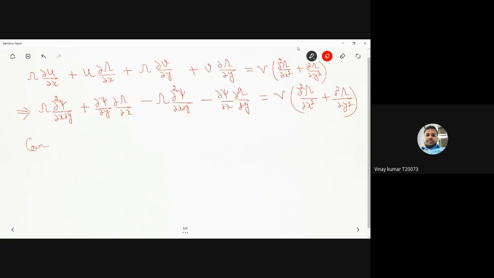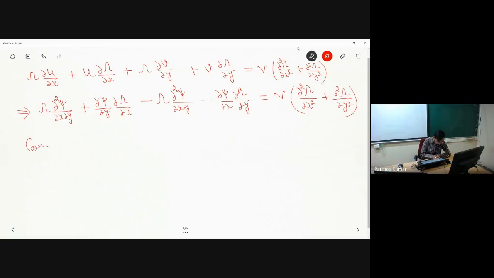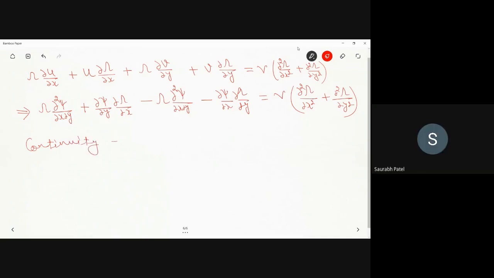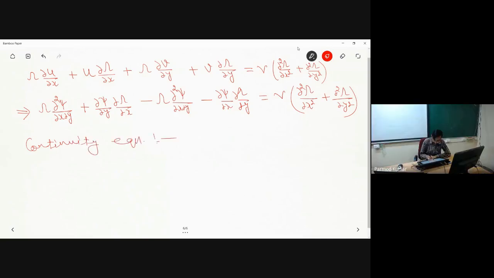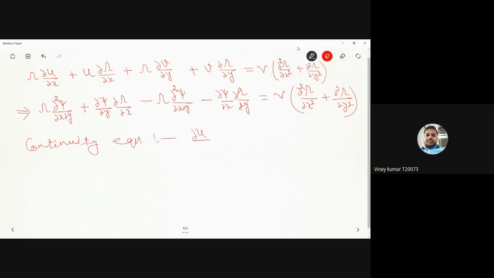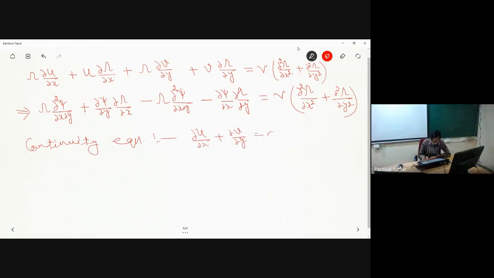But we have not yet talked about one more equation. Which equation is left? Continuity. So what is the continuity equation? ∂u/∂x plus ∂v/∂y has to be equal to 0.